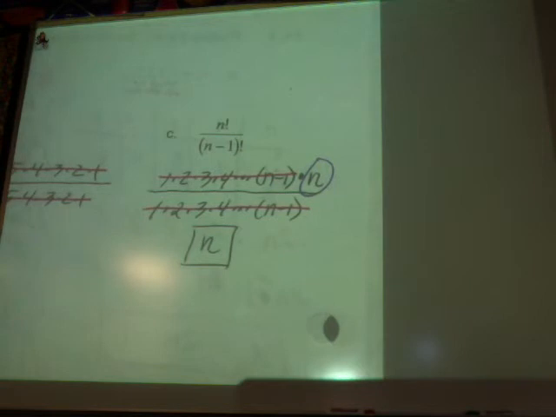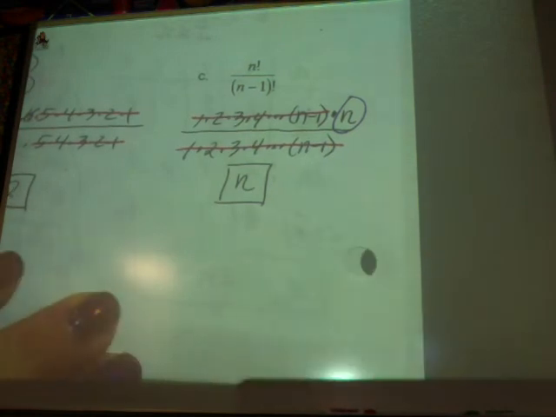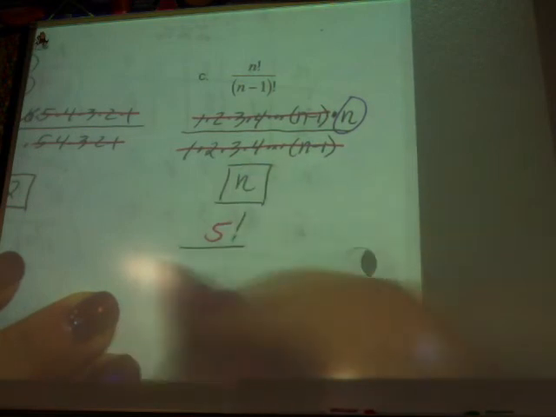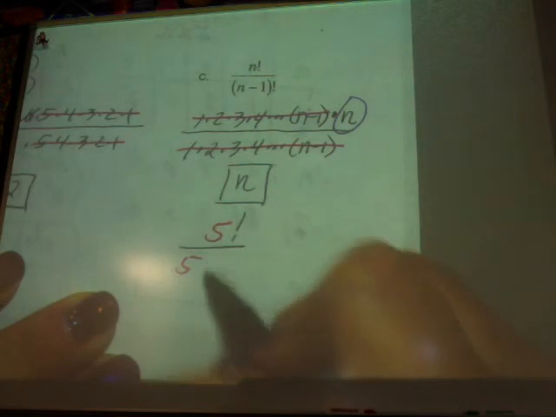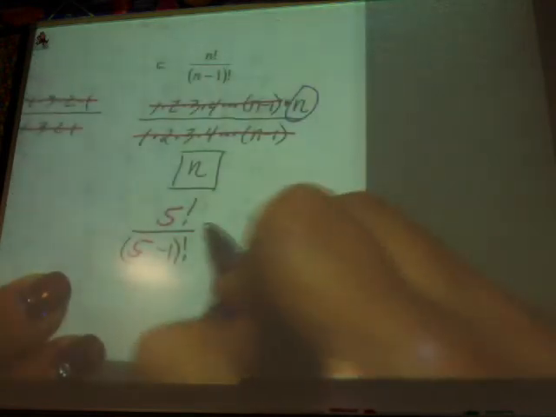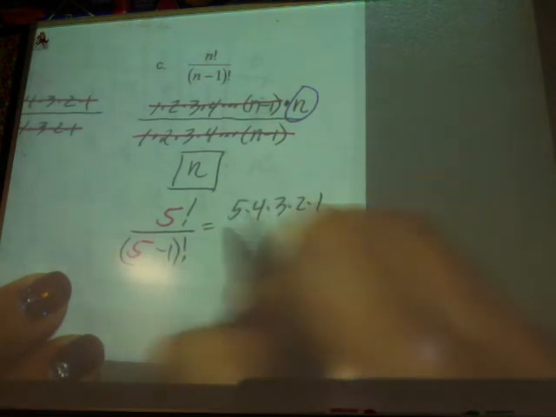So what number do you want to let n be? Well, okay, let's choose something other than 1. 5. Okay. I think in my notes I chose 4, but it doesn't matter. So we're going to put 5 in here. And so if I let this be 5 factorial over 5 minus 1 factorial, wouldn't this equal 5 times 4 times 3 times 2 times 1 up top, correct?